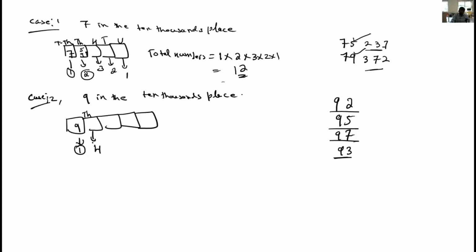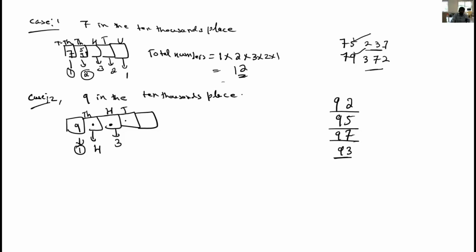Why 4 possibilities? Because here one number is used. Out of 5 numbers, one number is used. Remaining numbers equal 4. You can use any of the 4 remaining numbers. But while moving to the hundreds place, already 2 numbers are used. Here only 3 numbers are available.